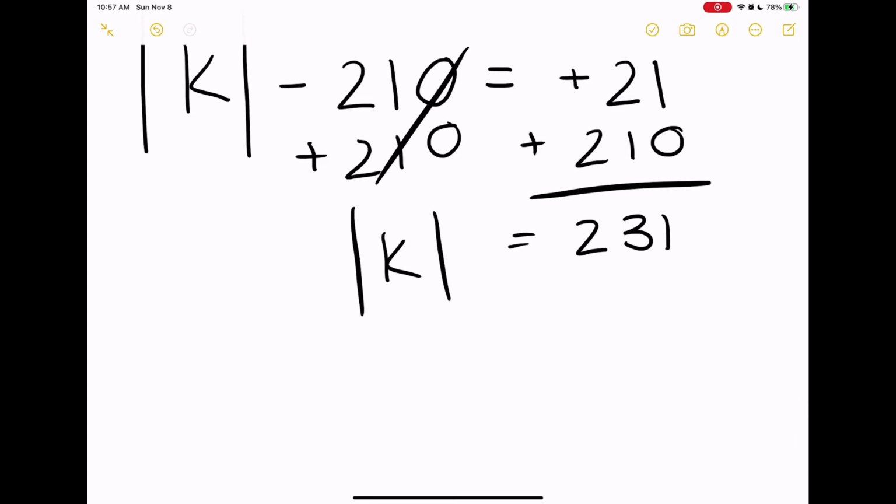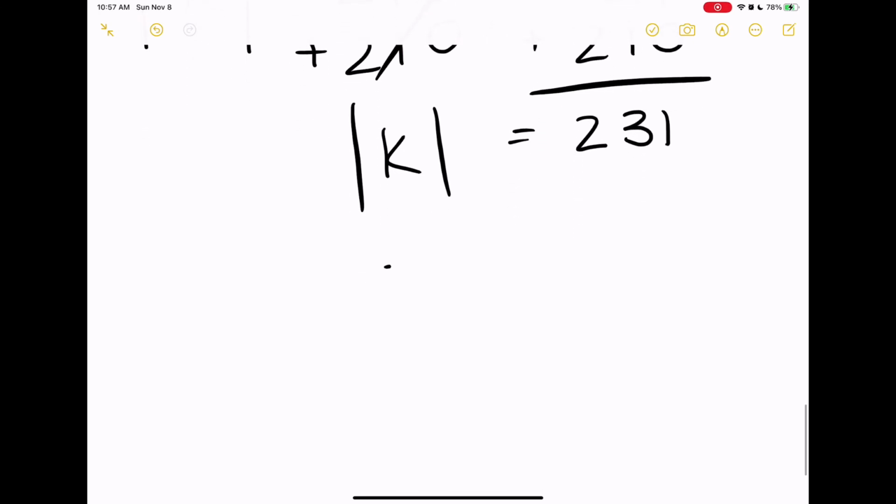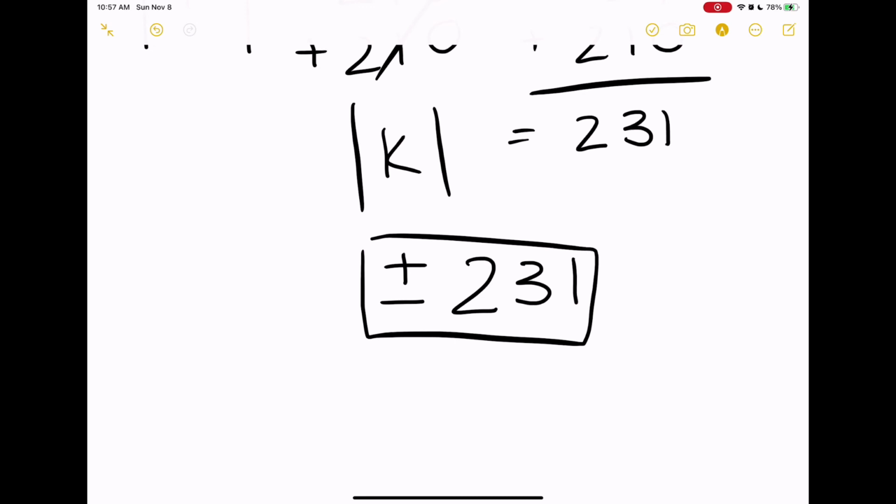Yes, which means the absolute value of k can equal 231. And what two numbers can we put in place of k so that the absolute value equals 231? That is positive and negative 231. So our answer for this problem is positive or negative 231.